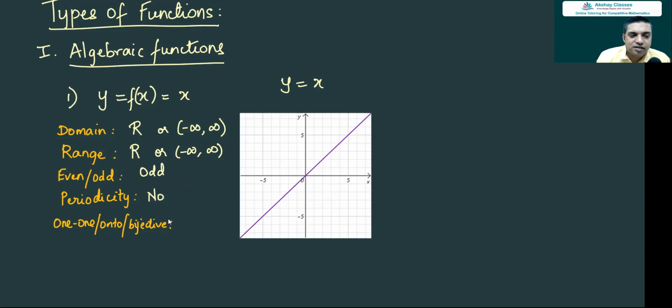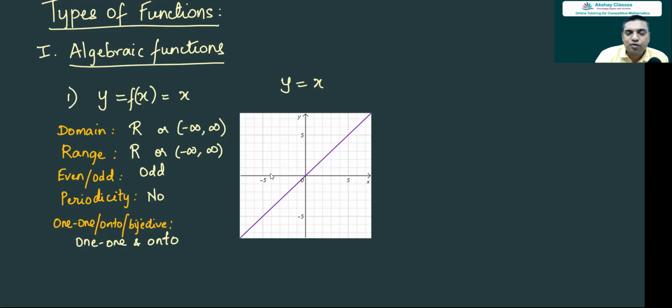What about its nature? 1 1, onto, into? Yes, it is 1 1 for sure. Onto also. So it is 1 1 and onto. 1 1 because every value of x has a different value of y.